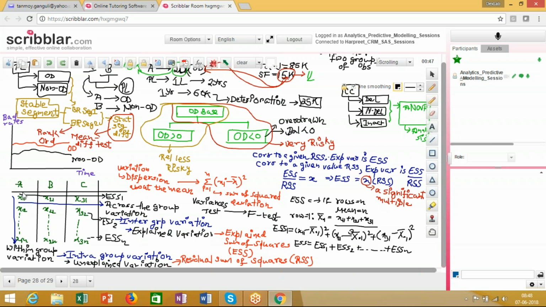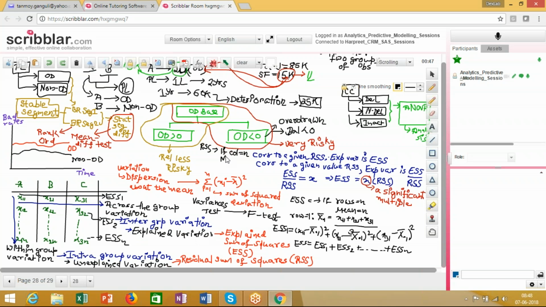So the number of means for the residual sum of squares will be equal to the number of columns. So for RSS, if columns equal n, then the mean will also be equal to n.